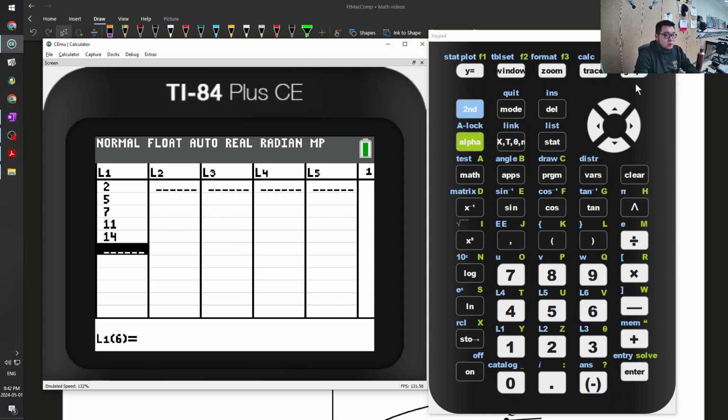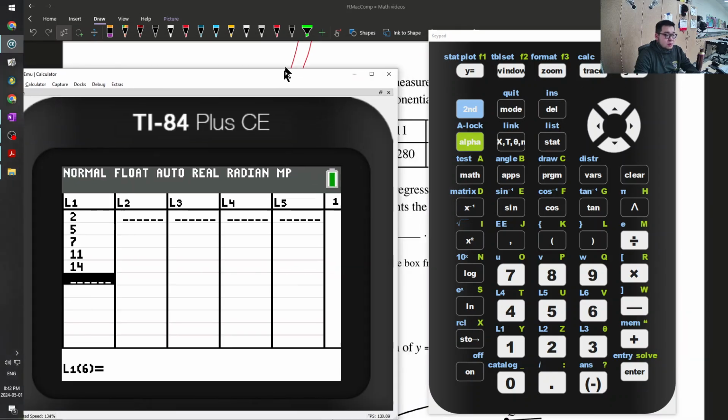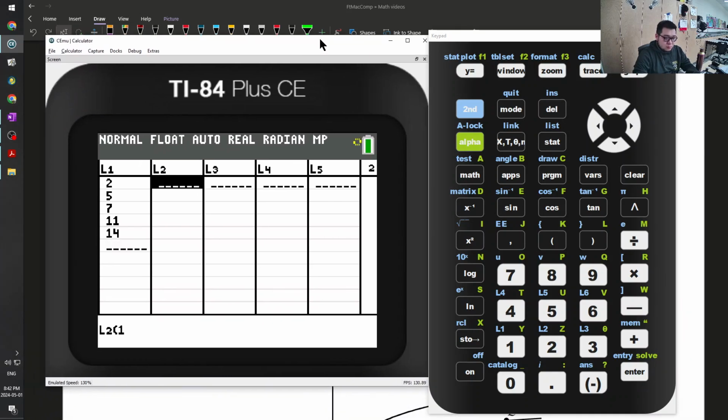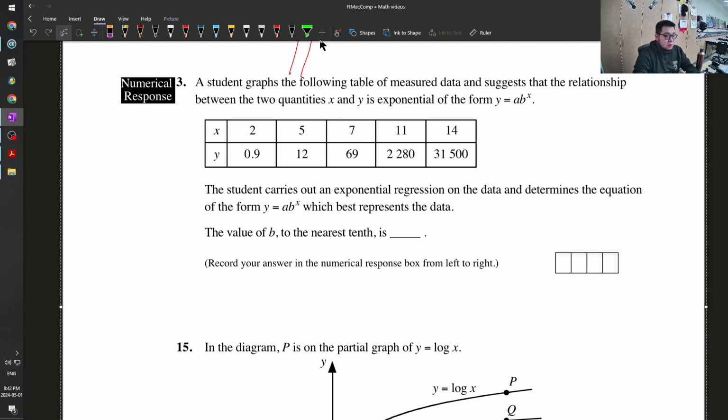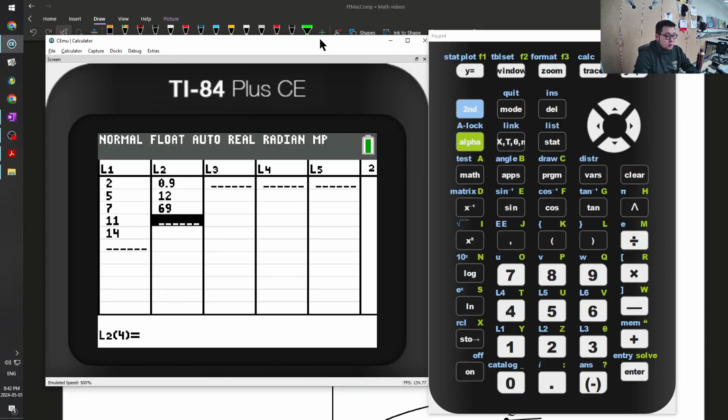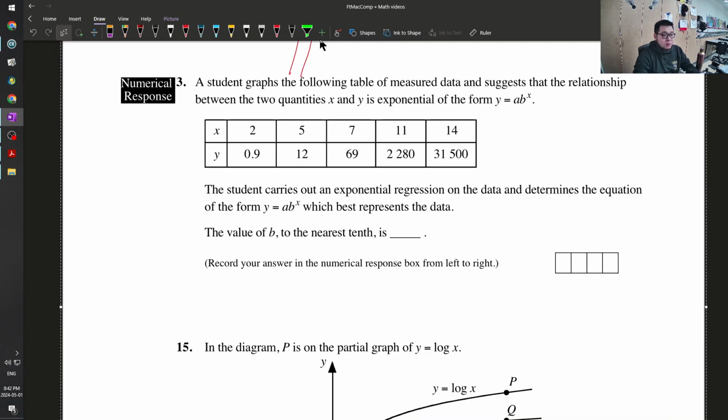Okay, what is the other one? Let's take a look. 0.9, 12, 69, 2280, and 31500.